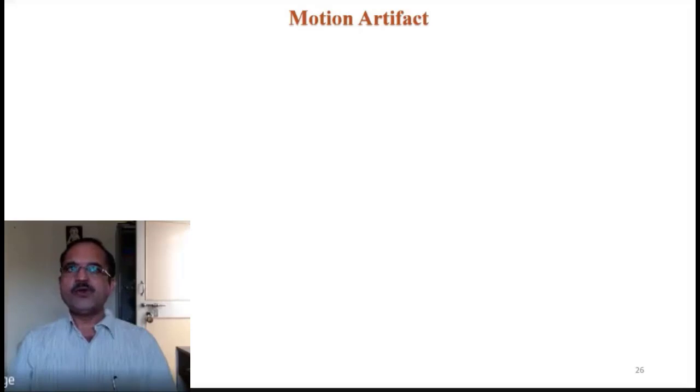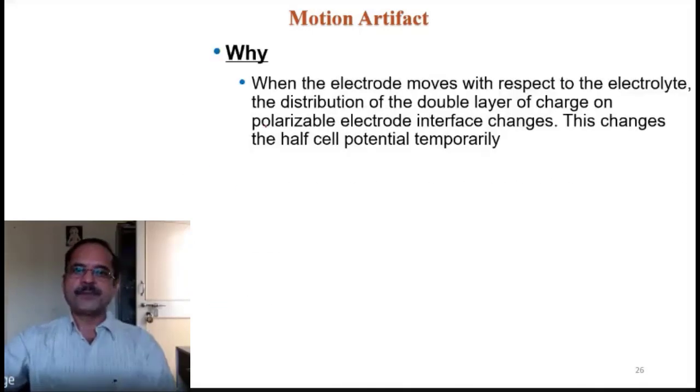Because the electrode is connected to the body part through some jelly material, there will be some movement of that, and because of that movement, it results in some fluctuation in the corresponding potentials. Those things are called motion artifacts.